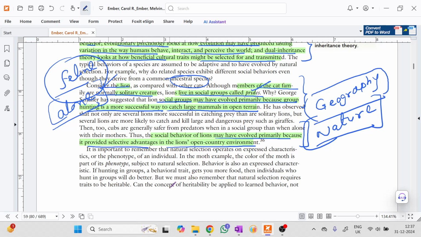So one postulate, one reason that has been provided here, is that since lions live in an open country environment, social hunting or group hunting becomes an advantageous activity. So it might be that nature has integrated or inherited such social behavior in lions.